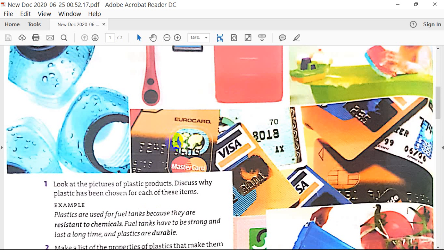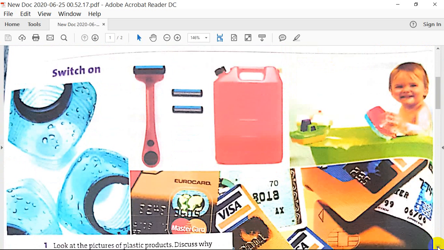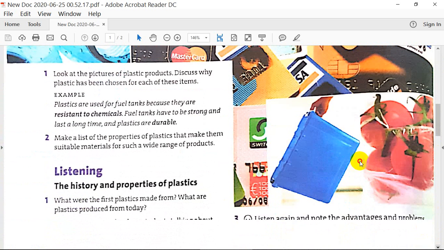We can use plastic for ATM cards, Visa cards. We can also use it for swimming pools for children, they can play in and keep water. We can use plastic for buckets for vegetables, fruits. Also we can use plastics for baskets and for making small boxes.